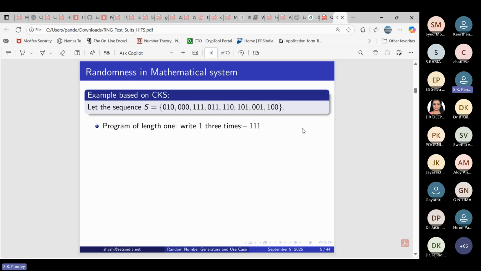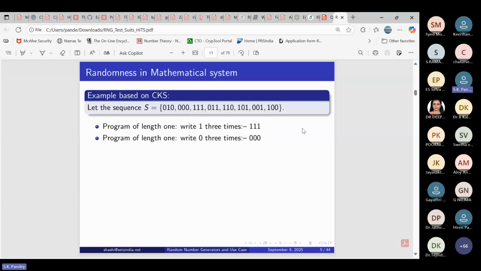So following is the procedure. Like if I want to see the binary sequence which is 111, then I find out the pattern like, oh, 3 ones are there. So it means logic is write 1 3 times. You are able to generate this binary sequence. Same pattern is there in case of 000, 3 zeros are there.